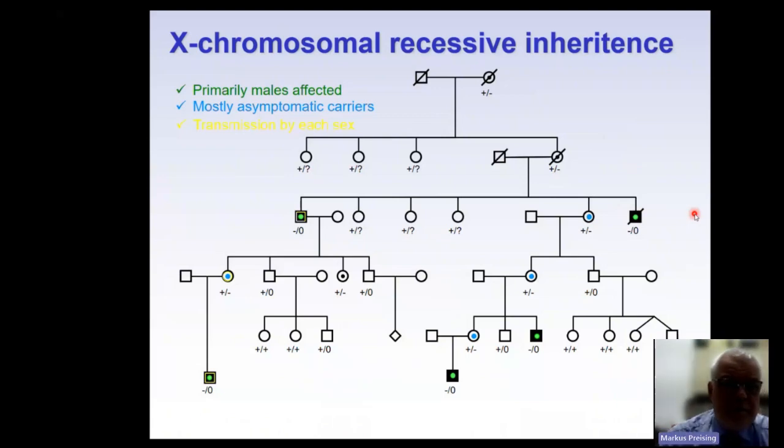You find the transmission by each sex, male to female, female to male, but not male to male, because males do not have the X chromosome from the affected father, but all daughters are obligate carriers, because they can only receive the altered X chromosome from their fathers. So finally, this means sons of affected males are always healthy.